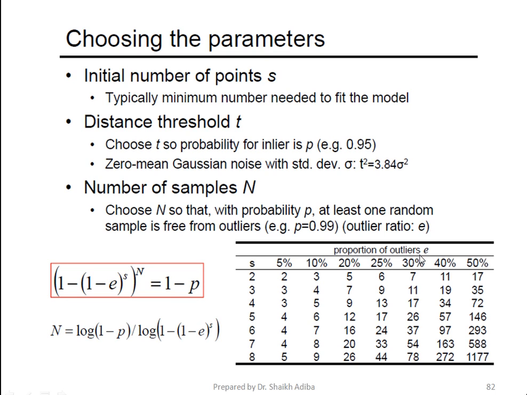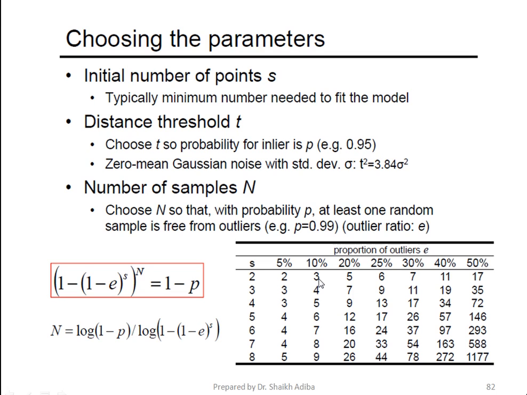Now this is the proportion of outliers E, that is the ratio of outliers E to the number of points that we are selecting. If the number of points is 2 and the probability of outliers is 5%, then the value here we will be getting is 2.